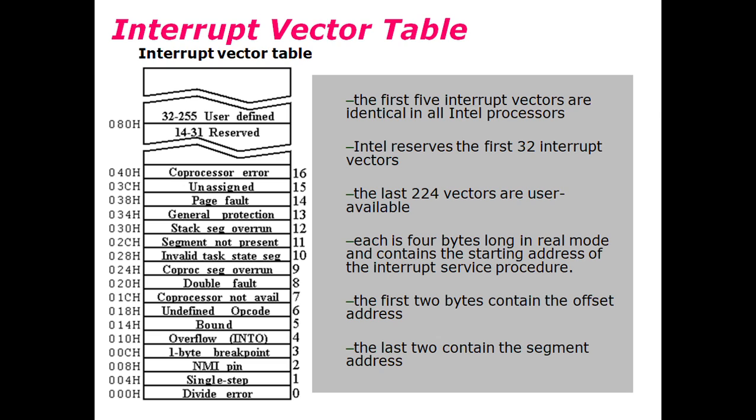So an interrupt vector completely describes where the interrupt service procedure, or interrupt service routine, or interrupt handler, is defined. The instruction pointer and the code segment together provide the physical address or the memory address of the interrupt service procedure.